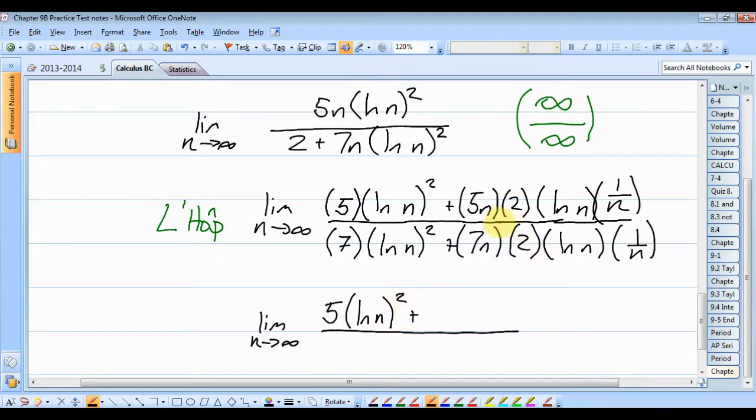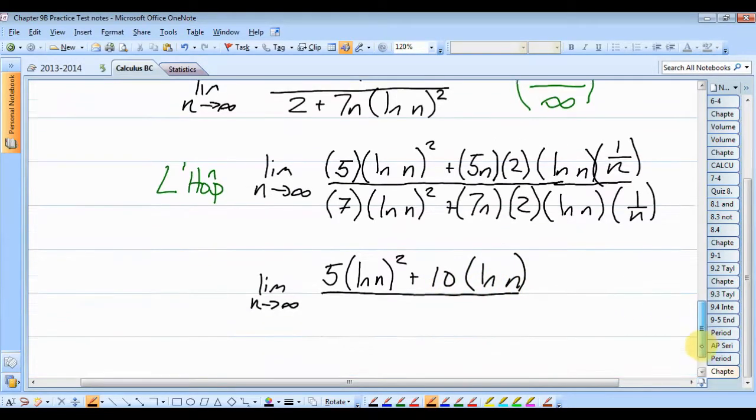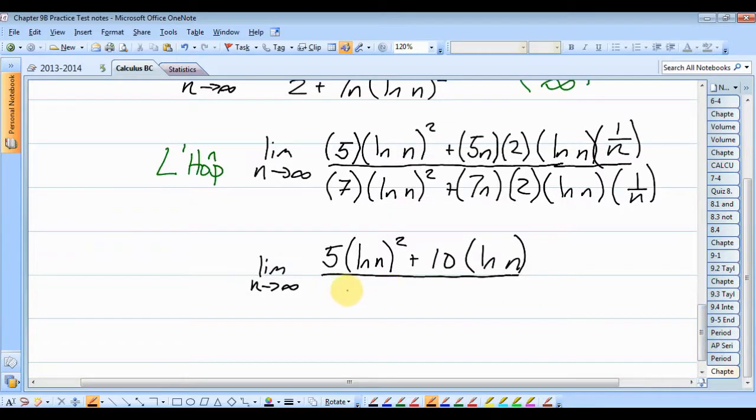Okay. Like Griffin says, this n and that 1 over n cancel out, right? So that gives me 2 times 5 is 10, yeah? 10 times the natural log of n. Great. And this is 7 natural log of n squared plus 14 times the natural log of n.